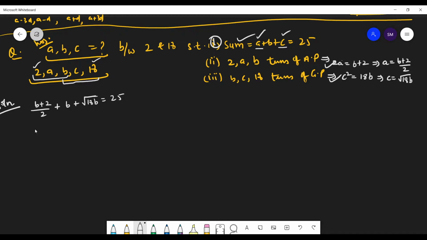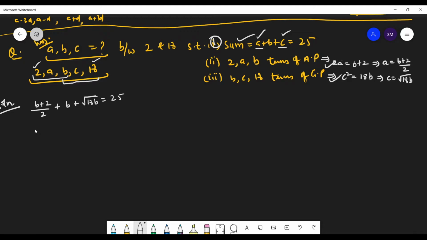So 3 multiplied 2 multiplied root 2B is equals to 50. So 2B and B, 3B. So 3B plus 2 plus 6 root 2 root B is equals to 50. Now this 2 will go this side. So 50 minus 2 will be 48.